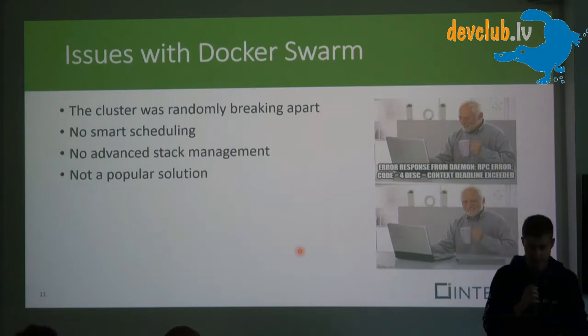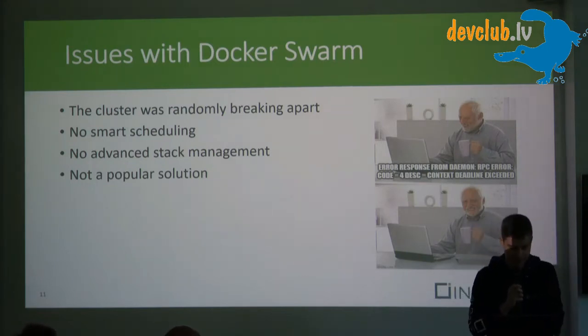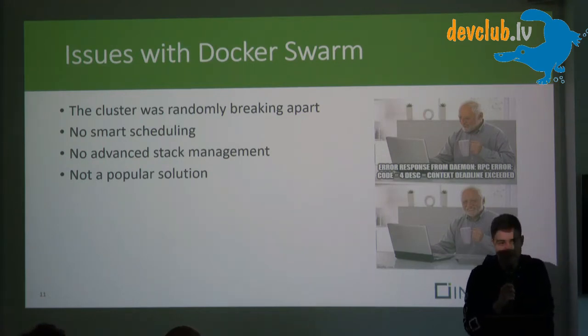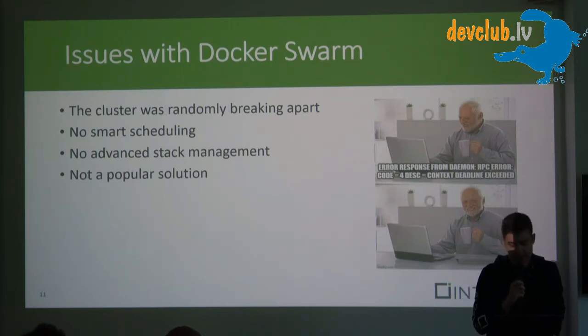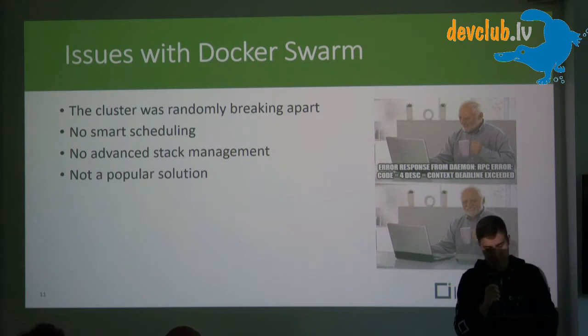So there could be situations where we have a partially initialized stack that is not doing anything. And Docker Swarm didn't have some advanced features for managing the stacks that we wanted to have. And at that time, it was not a very popular and maintainable solution.